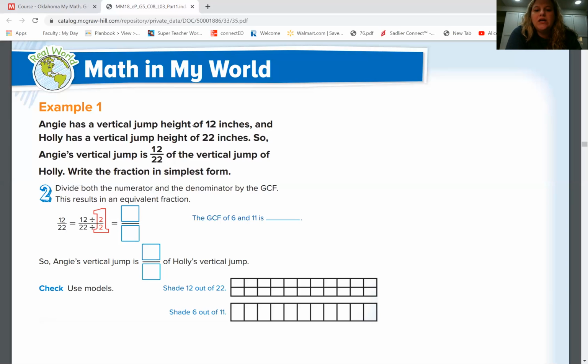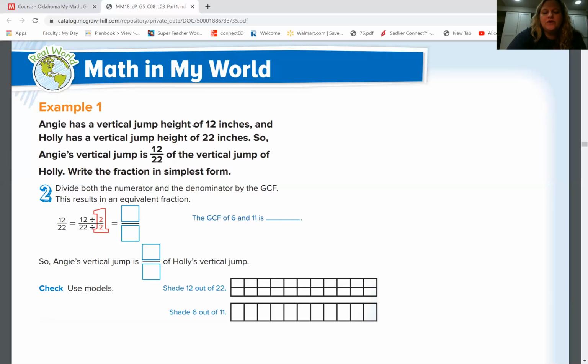So because 1 is the only thing they share, this is in simplest form. If they had another number besides 1 that they shared, we would need to keep dividing. But because 6 and 11 only share the number 1, we're done. So Angie's vertical jump is 6/11 of Holly's vertical jump.